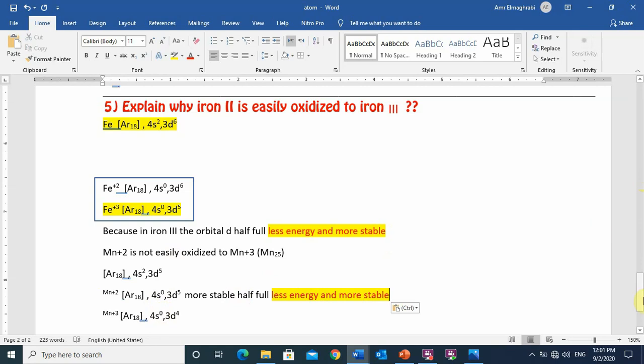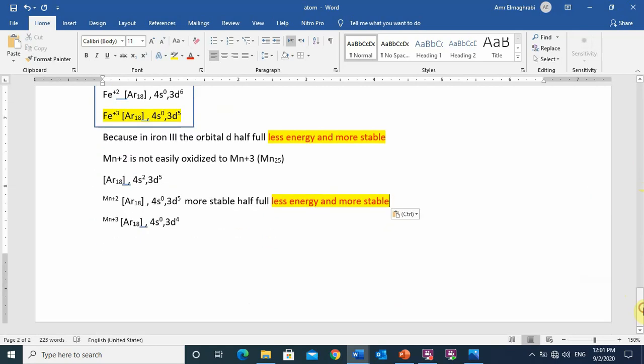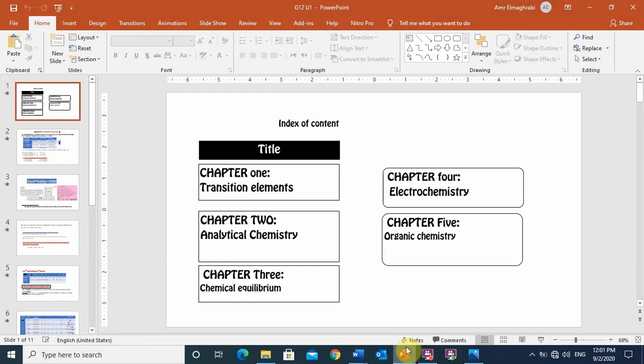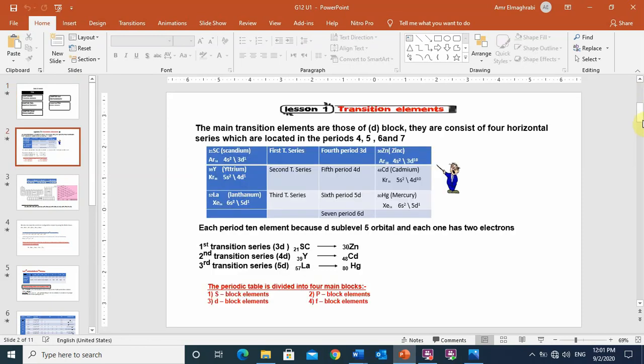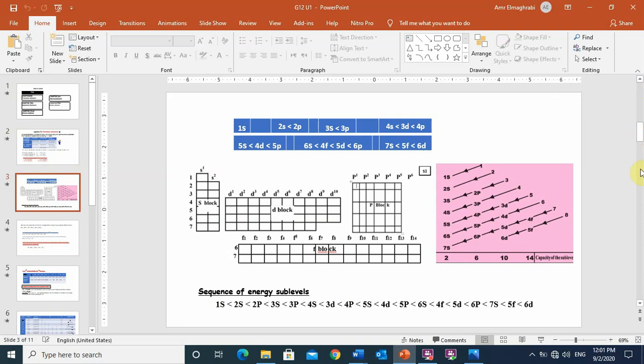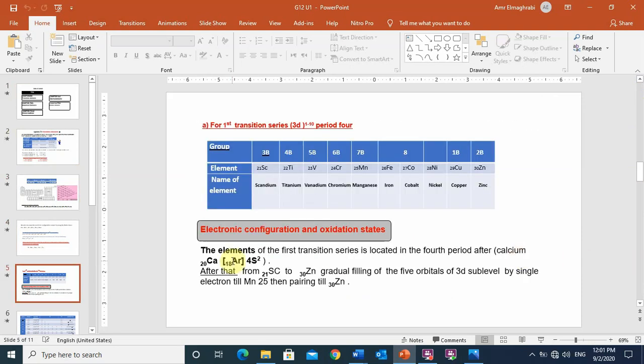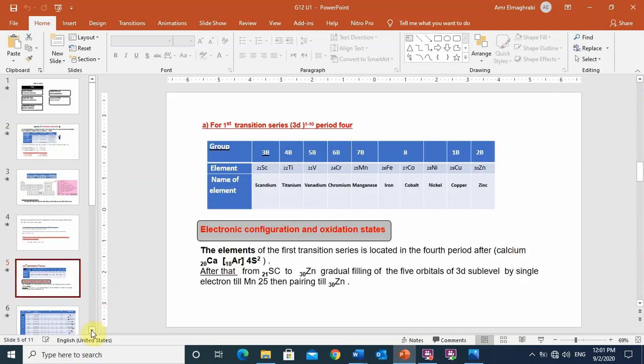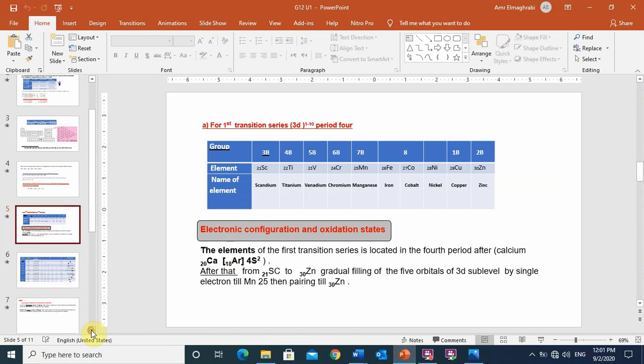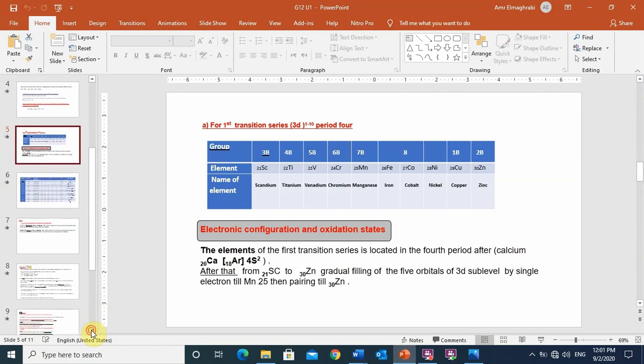Okay. Now let's go back to the PowerPoint which we studied last time, and we will get to a very important question today. The question is about what is meant by transition elements.